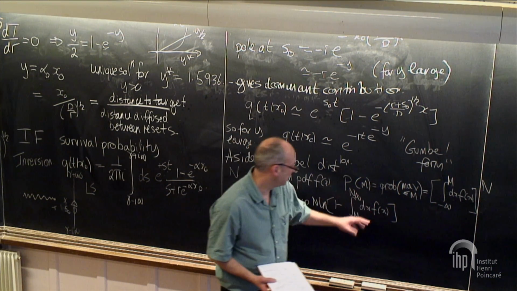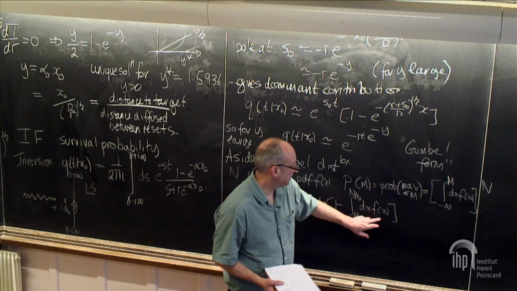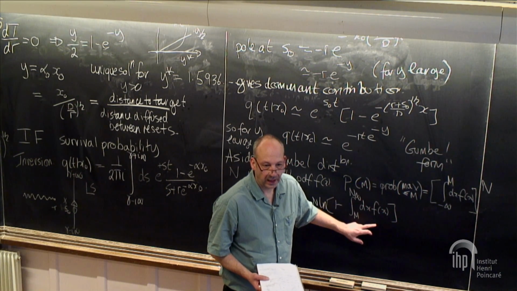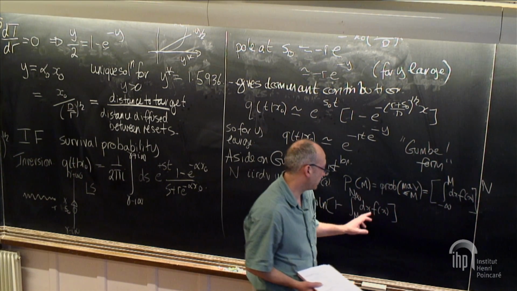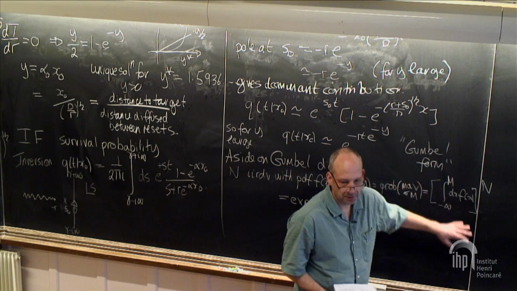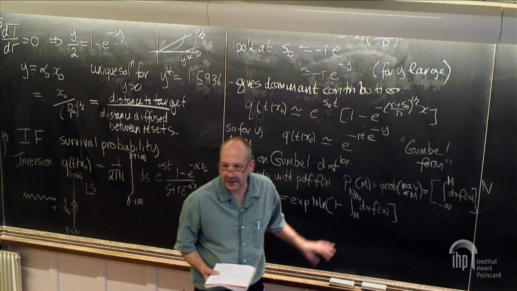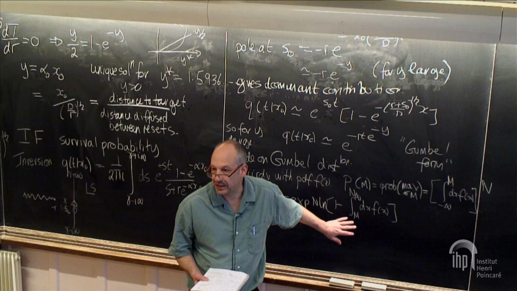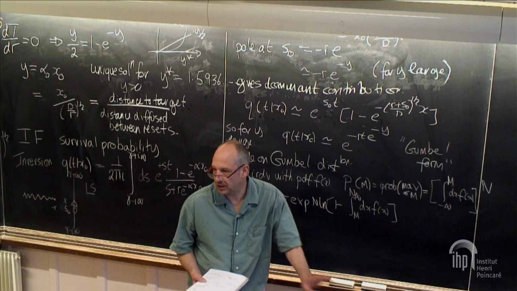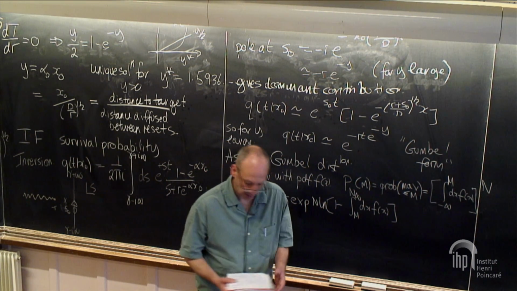And then the question is, what is the form of this depending on the different possible forms of f? Now, typically, we're looking at the extremes of the distribution. So you might expect f to decay exponentially with x. So let's assume it's exponential decay.